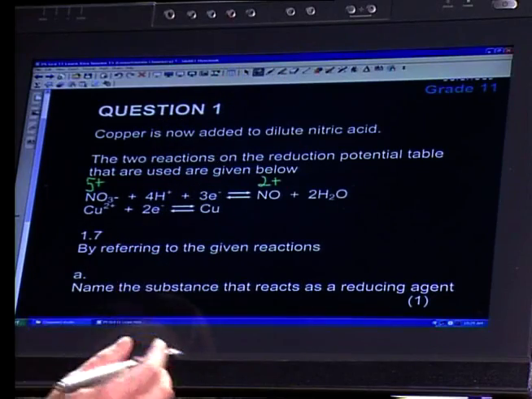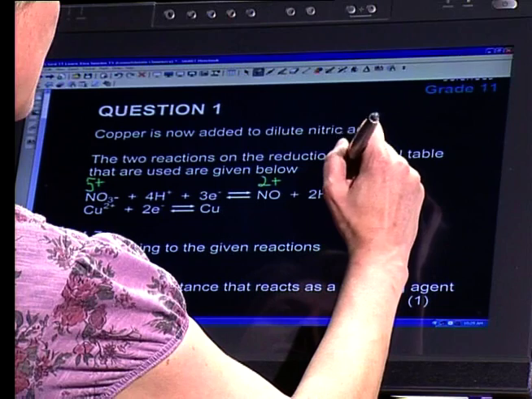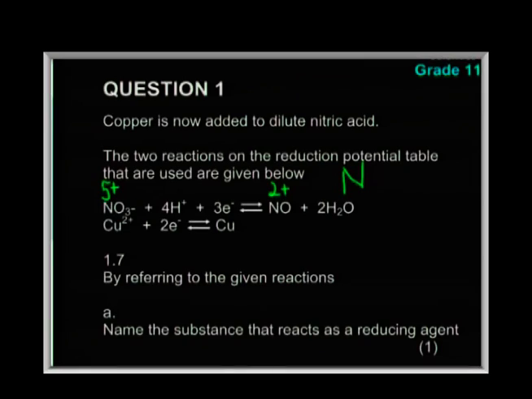It has gone from an oxidation number of 5 plus to 2 plus, so we can say that nitrogen is reduced, which means that nitrogen is the oxidizing agent. However, the question says which one is the reducing agent. So now we need to look for something that gets oxidized.